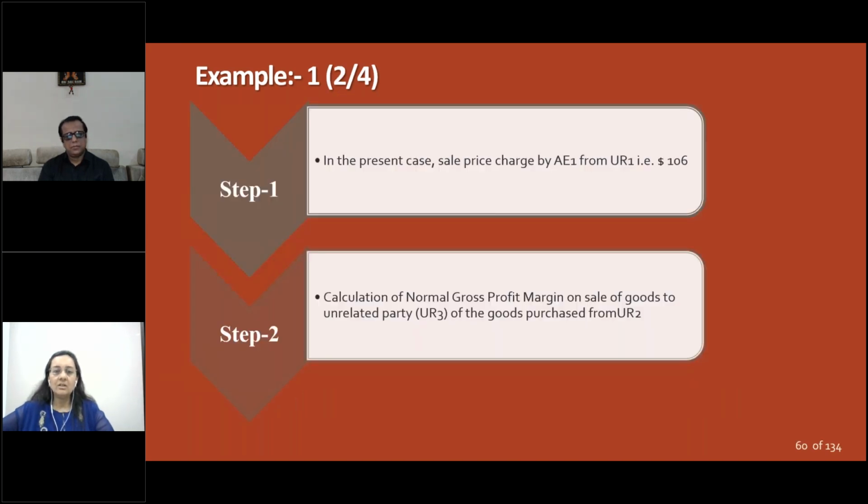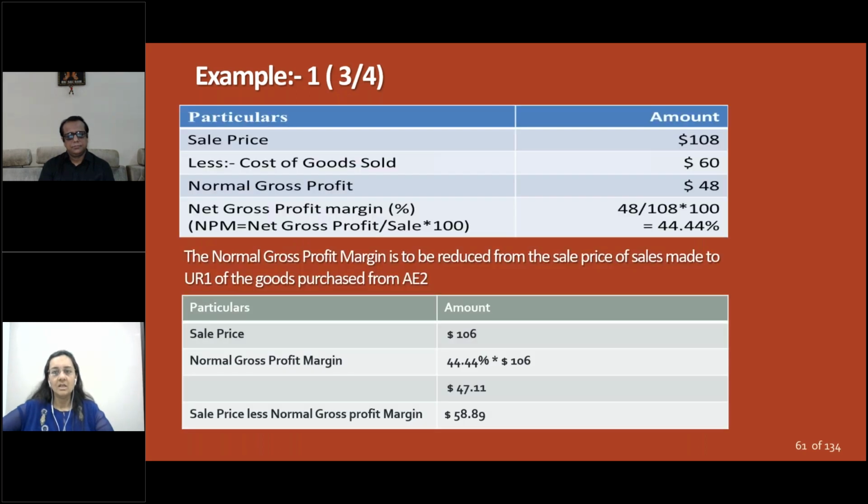Now you have to calculate the normal gross profit on sale of goods from the unrelated party. So sales price 108, less cost of goods sold 60, normal gross profit 48. So 44% is the margin that the entity has earned from the third party.